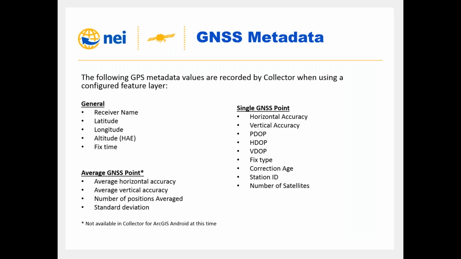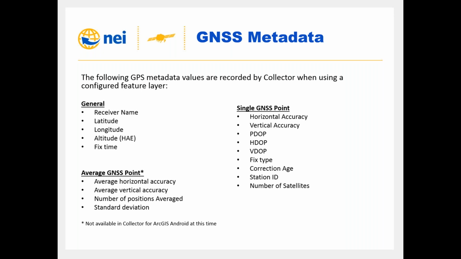Some general things with the GNSS metadata. I grabbed this screenshot from when Aaron and I did our iOS version of Collector, I think a year ago. But there's two parts to this. There's the general data that's collected for both single point and average point. Now average point is not yet available on the Android version, but it is coming.